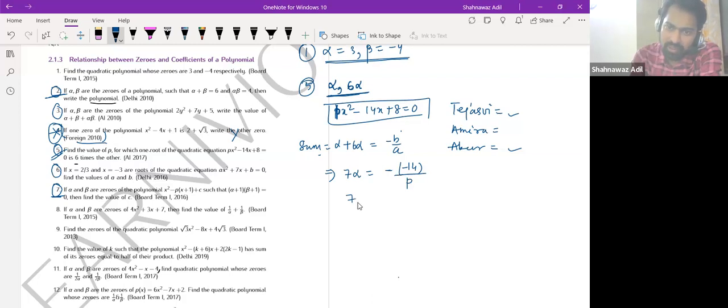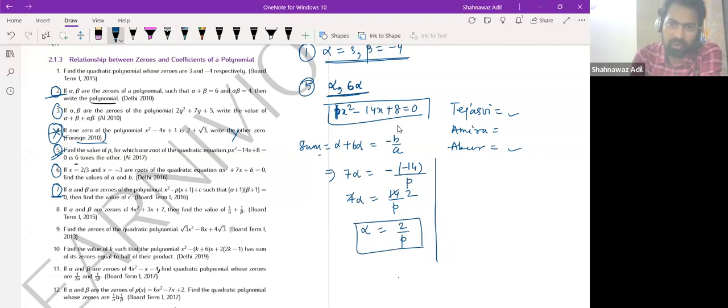So if I cancel, alpha would be 2 by p. Actually, I saw px square minus 7x. Oh, okay, yeah. Sorry, sir. No, no worries. Then alpha we have got.